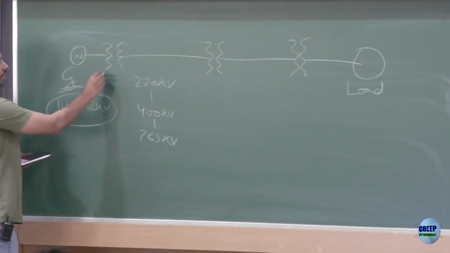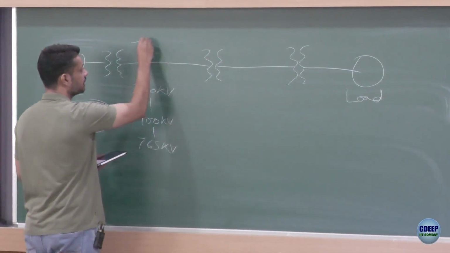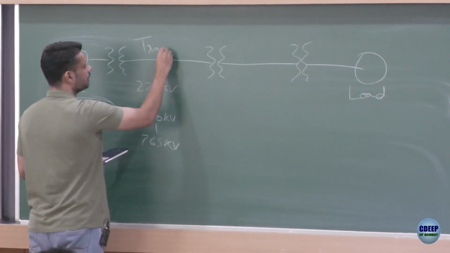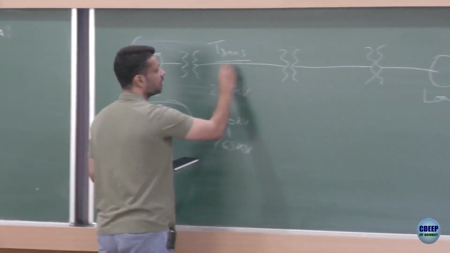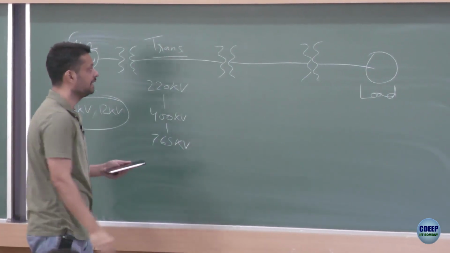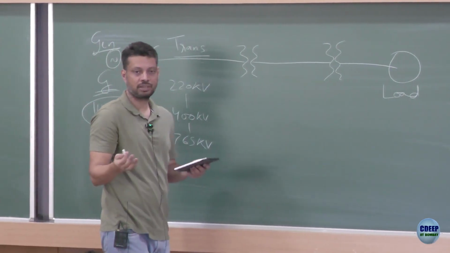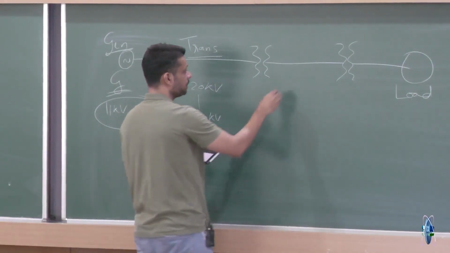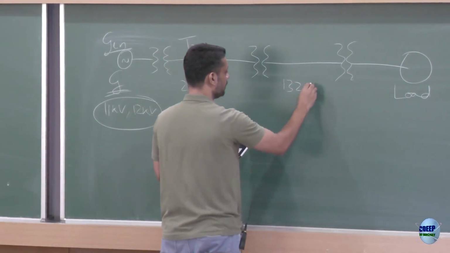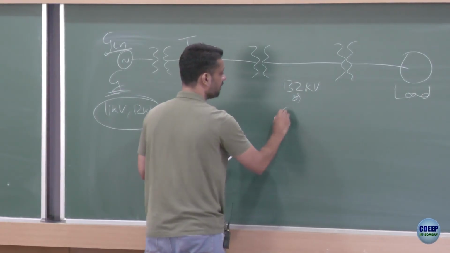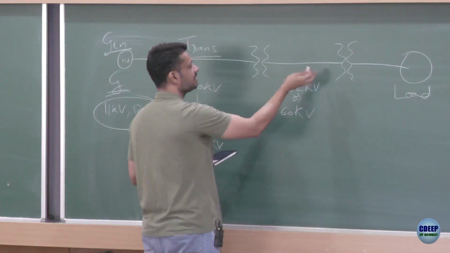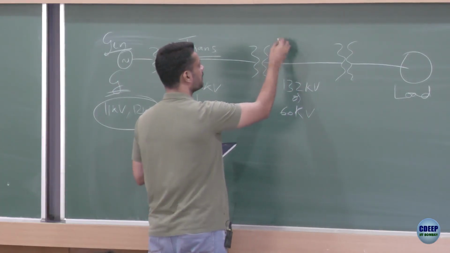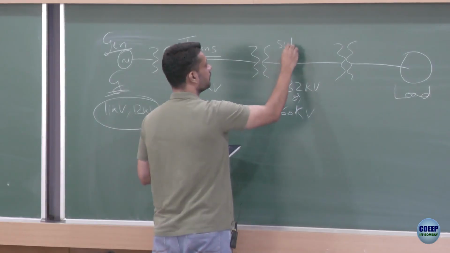You step up using a transformer, you do transmission, this is mainly transmission, this is generation. You transmit over a long distance. Then maybe once it is a little closer to the city, you step it down to 132 kV or to 66 kV. This is somewhere between transmission and distribution, some call it sub-transmission.